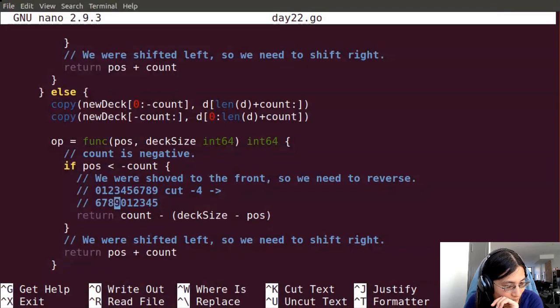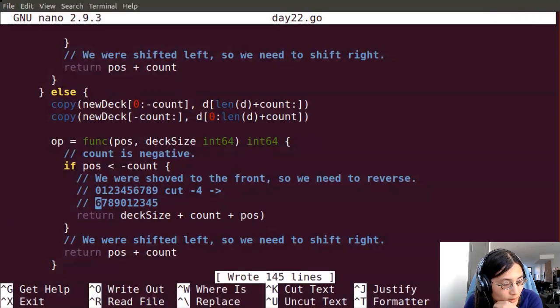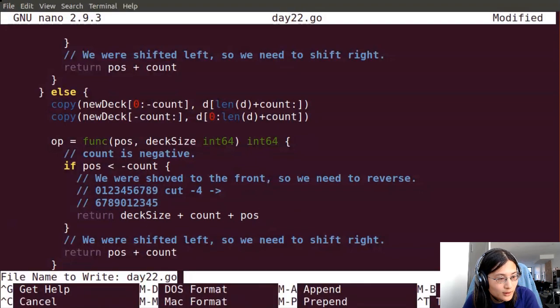These values 6, 7, 8, 9, which were in position 0 through 3, they need to be put at the end, which means deck size plus count plus pos. Let's check that. So element index 1. 1 is less than 4, so it moves. And then deck size is 10, so 10 minus 4 is 6, plus 1 is 7, which puts me to here. Yep, that's correct. Okay.